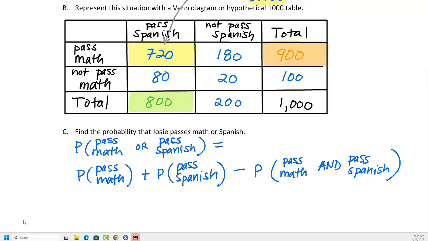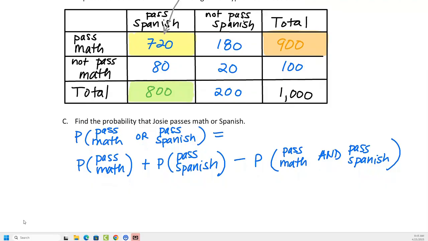Okay, well, passes math, if I just pull it straight from the chart, isn't that the 900 thousandths? Passes Spanish, isn't that the 800 here, thousandths? And then subtract the probability that you pass math and pass Spanish.